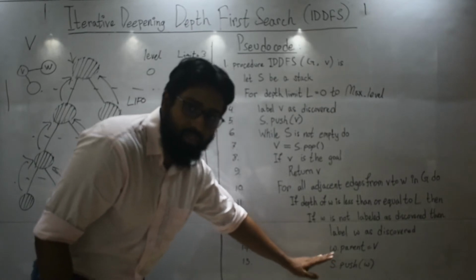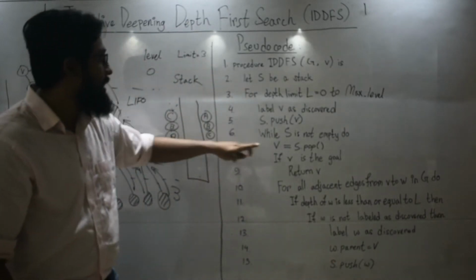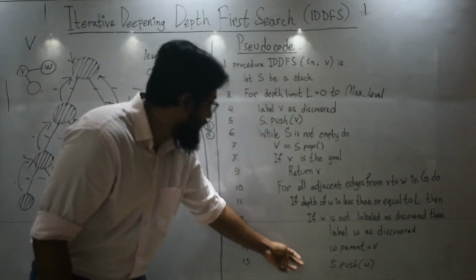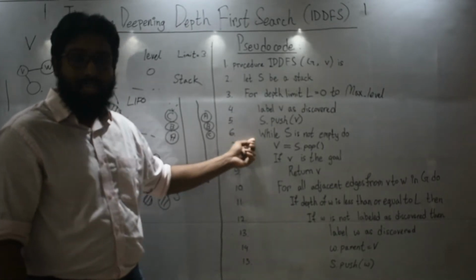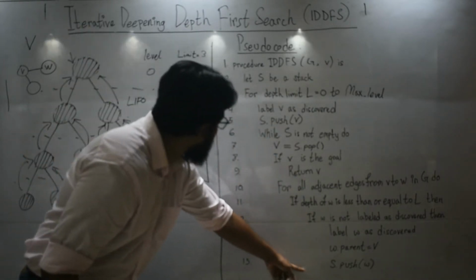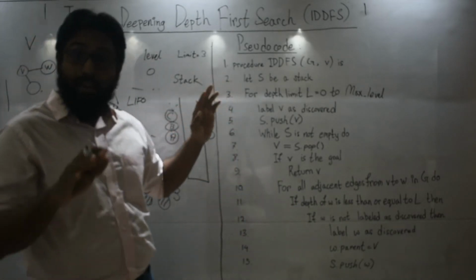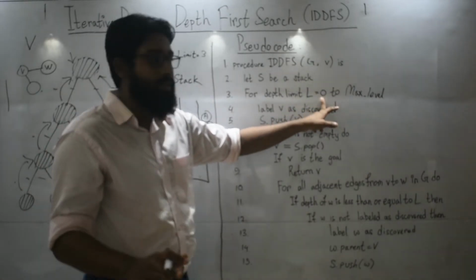After that you will continuously keep doing it for all edges of V. After you have done so with all the edges, then you will again return to line number 7 and continue to traverse between these until your stack is empty. And after your stack is empty, you will again go back to line number 3 and restart the whole process with L equals 1.